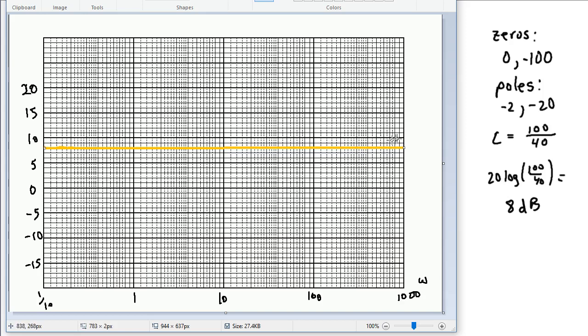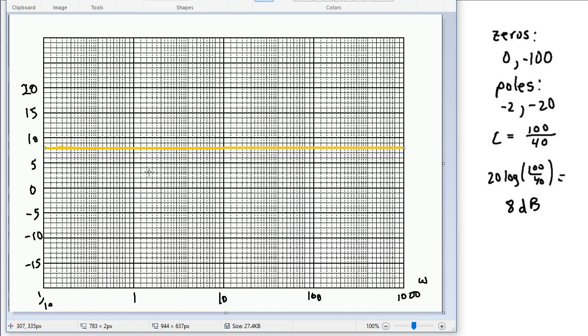And then I've got a zero term, or 20 log of omega, so that's going to cross at omega equal to 1, 20 log of omega 0, so that's going to be 0 here, and then increase by 20 dB for every decade.